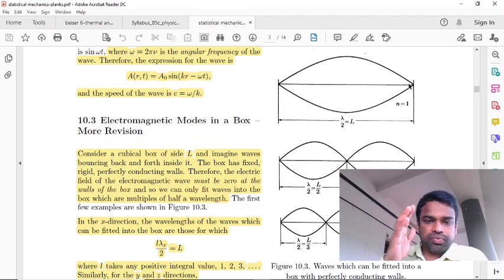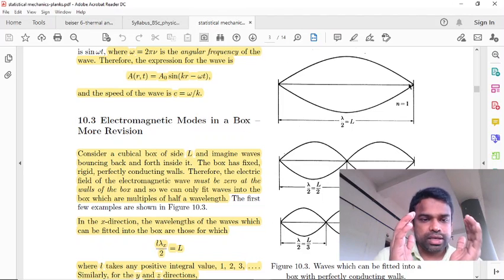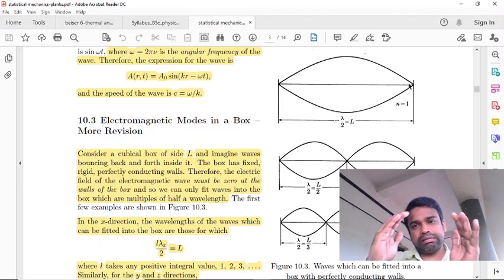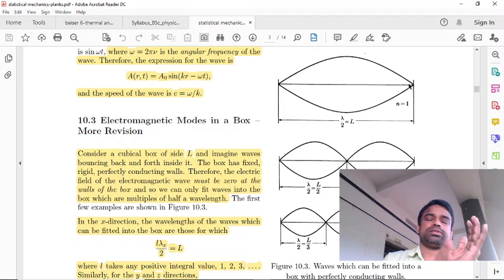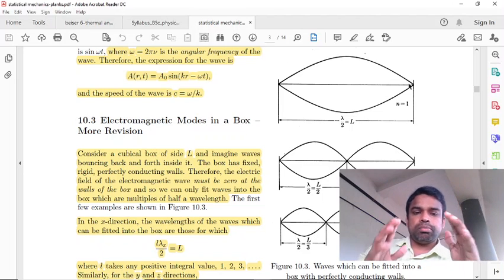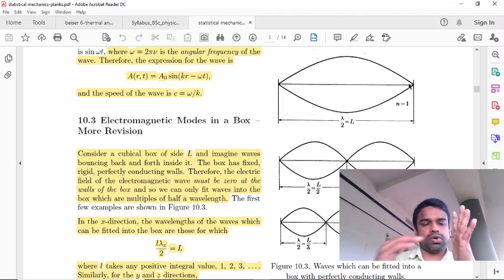The box has fixed and perfectly conducting walls. Perfectly conducting walls means that they perfectly reflect the electromagnetic wave. Therefore, the electric field of the electromagnetic wave must be zero at the walls of the box.